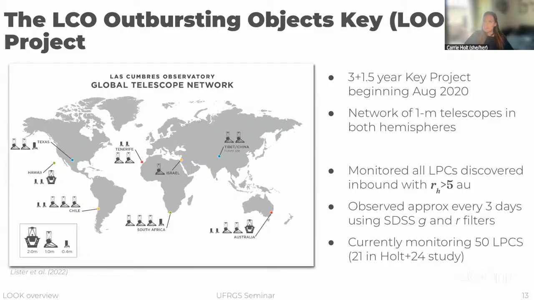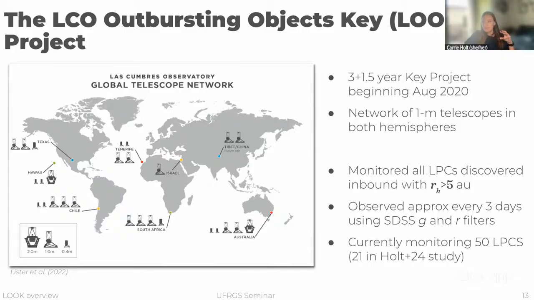There are 1 meter telescopes all over the world in both hemispheres, which means you can have nearly continuous coverage of these comets, where the only gap is when the comet is in the same direction as the sun. But otherwise, we can observe them. We started this project in August of 2020, so we've been observing for a very long time.